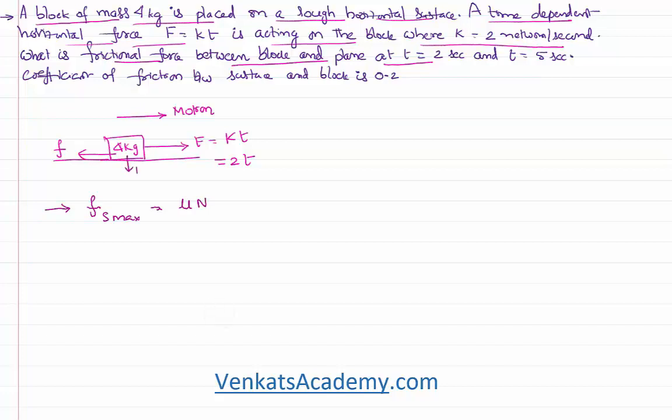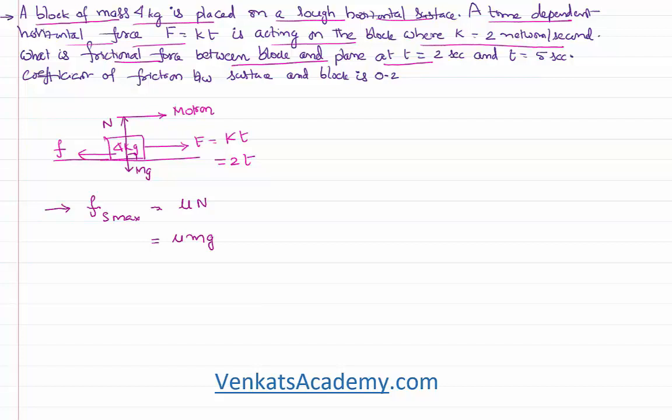What is normal reaction? The body applies its weight on the lower surface in the downward direction. The surface applies a reaction on the body in the upward direction, normal to the surface, which is called normal reaction. So normal reaction in terms of magnitude is equal to the weight of that body itself.